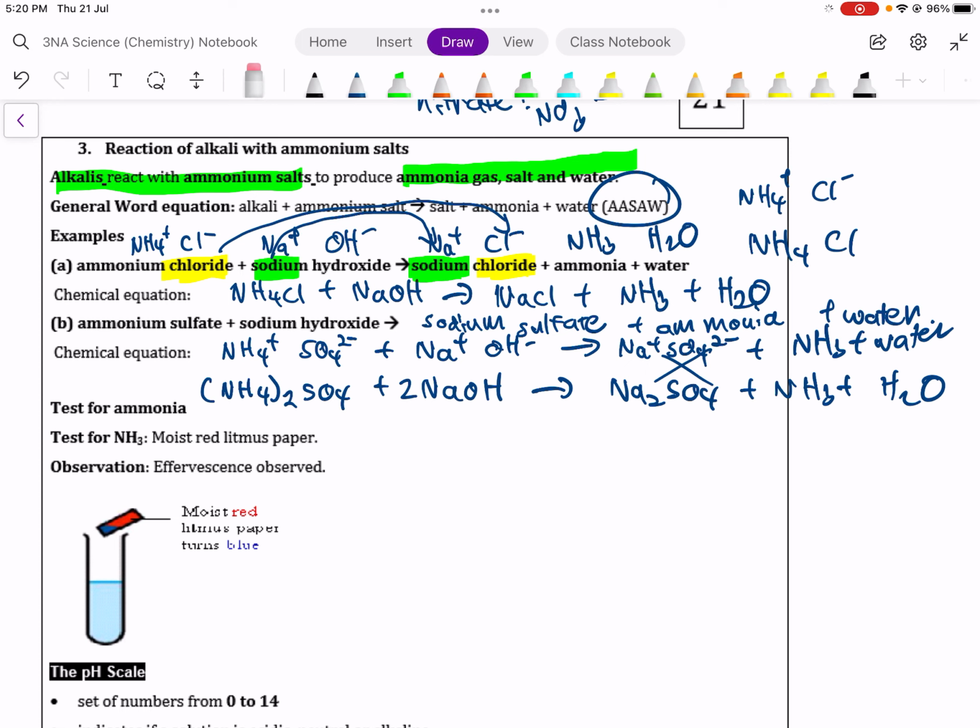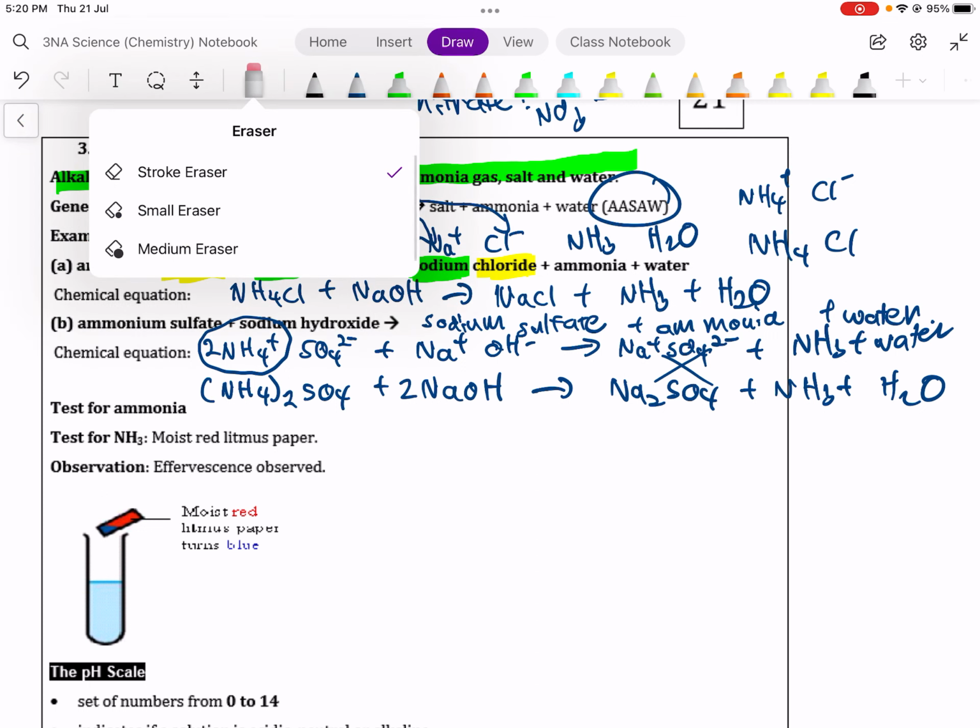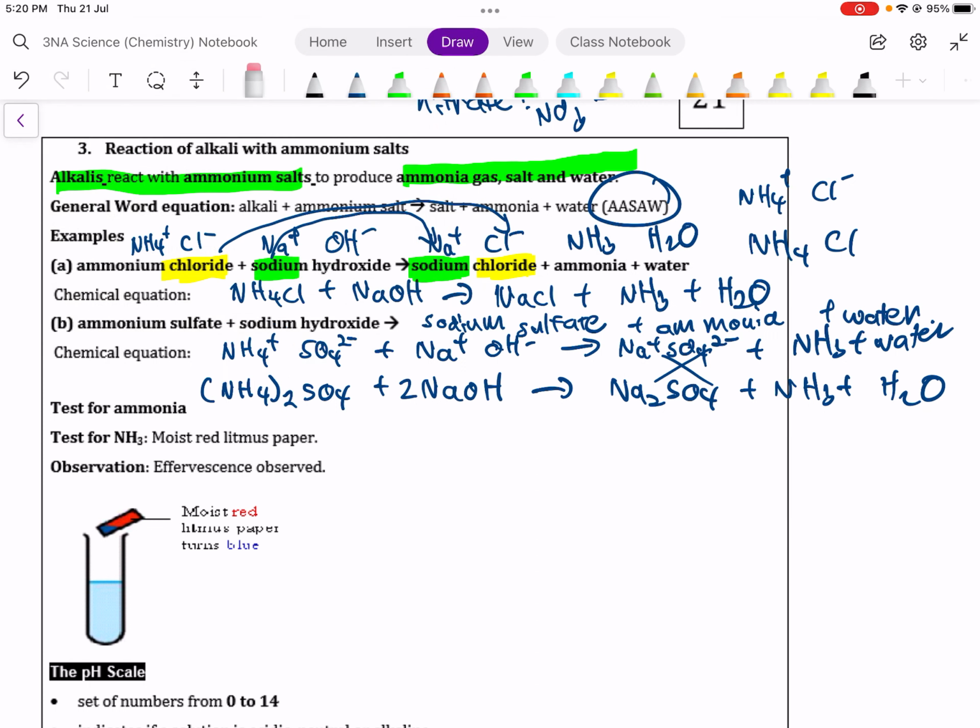Look out, down here the balancing is a bit different. I'm going to do an adjustment. I have 2 sets of this NH4, you can treat it like a ball. Maybe I draw below. So on the left you have 2 sets of NH4+ and then a sulfate.